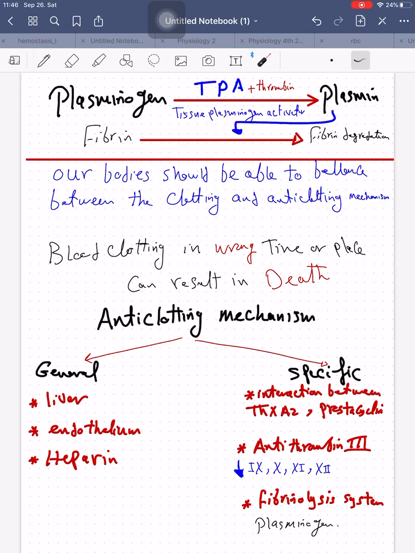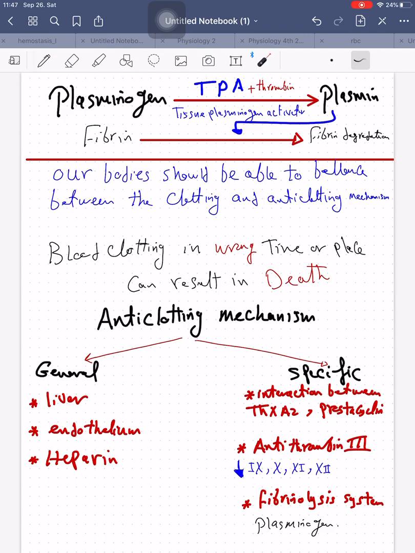So don't forget that the endothelial cells of our blood vessels should be able to release specific materials, like NO and thrombomodulin. Thrombomodulin with thrombin can produce a specific protein called activated protein C. Activated protein C will be able to inhibit or inactivate many clotting factors.